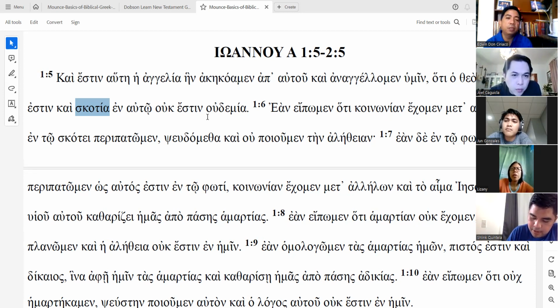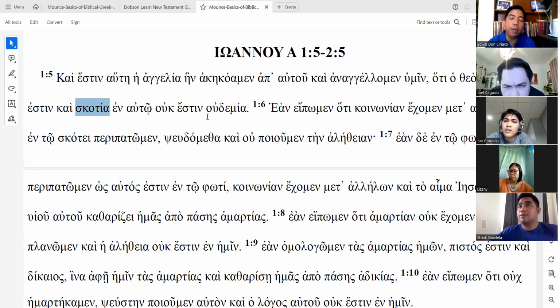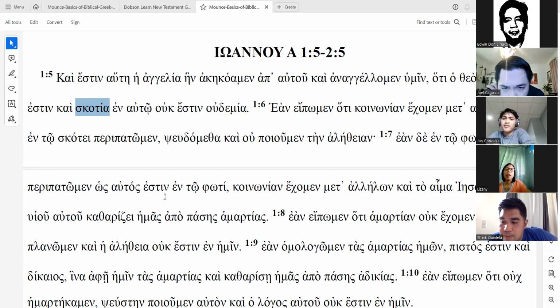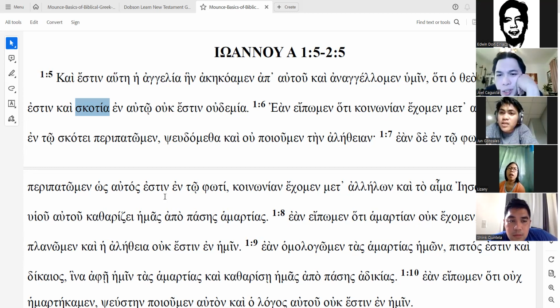1 verse 6. Ean eipomen. Again, this is not easy. So epsilon and alpha. Then eipomen, hoti, koinonian.